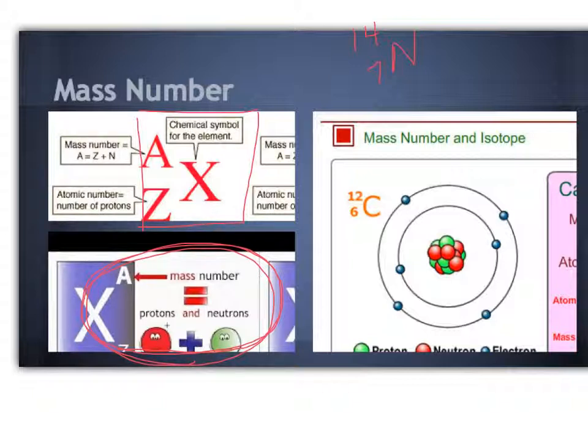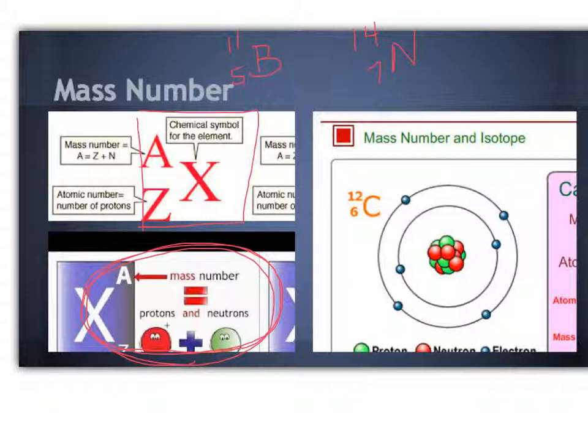If we did boron, if it has a mass number of 11, then its atomic number would be 5. You put 5 at the bottom and 11 as a superscript. Okay.